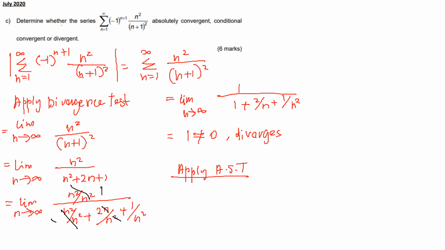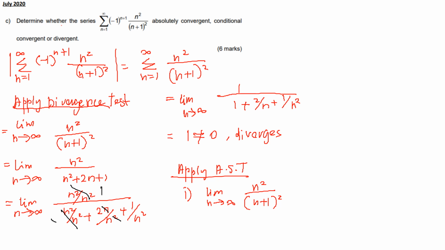Okay, we have two conditions. First one, we do the limit n approaching infinity of n squared over n plus 1 squared. If we apply this, what you get is still the same as the divergence test.